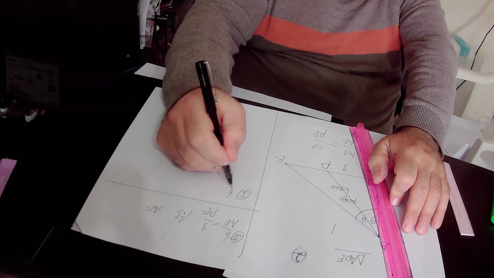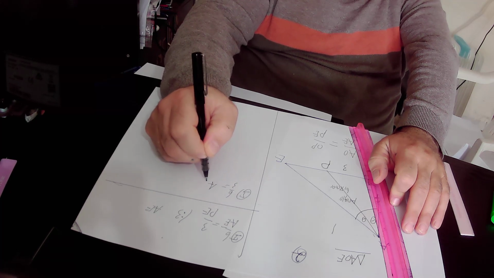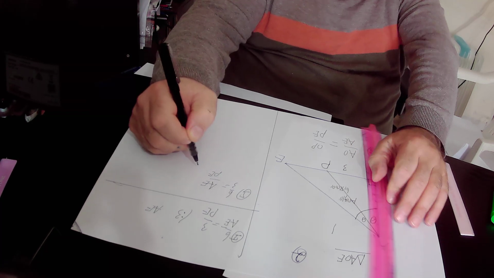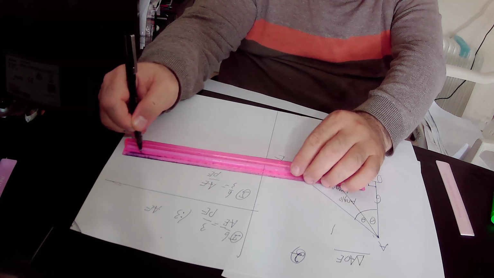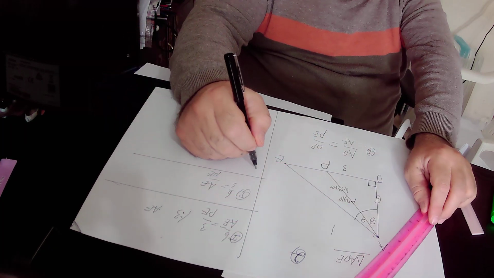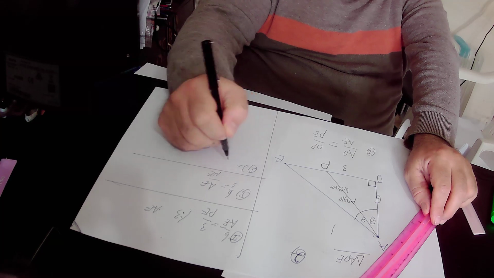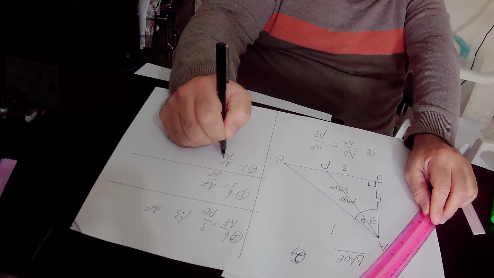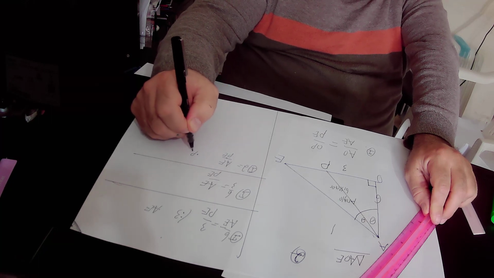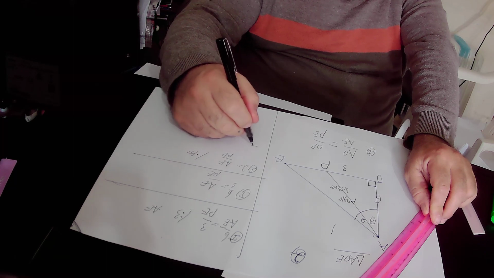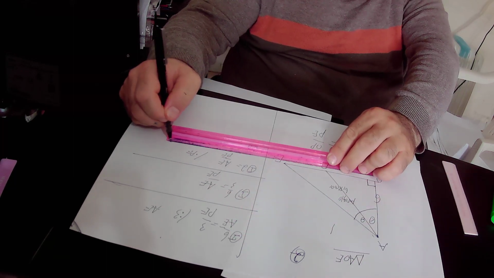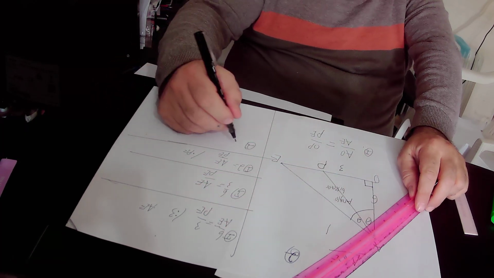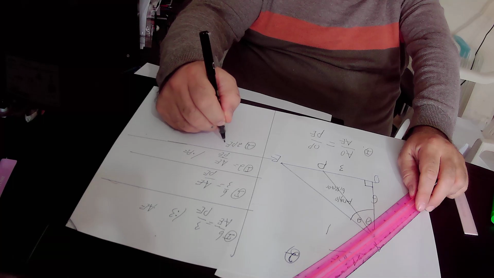So we get that 6 over 3 equals AE over PE. 6 over 3 is 2. So here 2 equals AE over PE. Multiplying this equation by PE, according to equation number 1, two times PE equals AE.